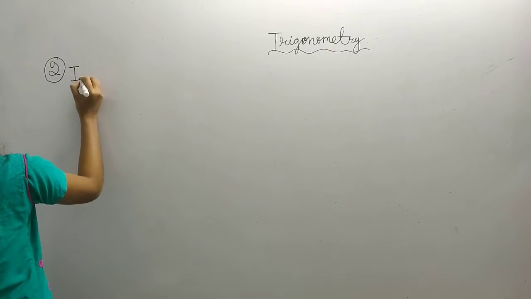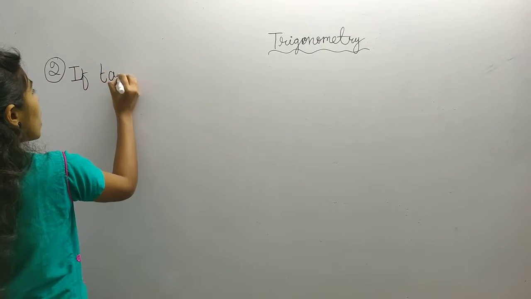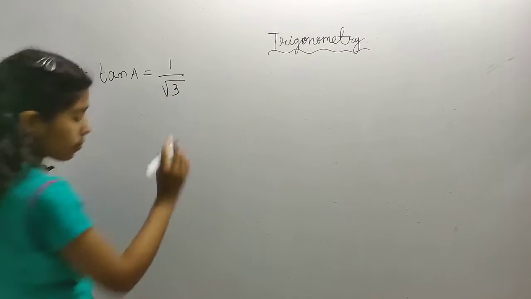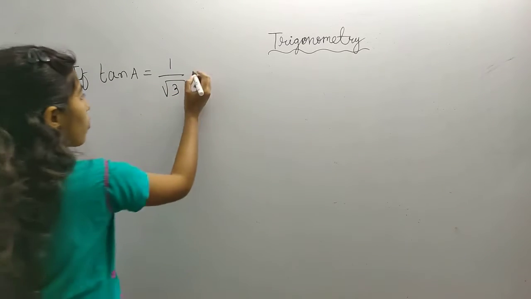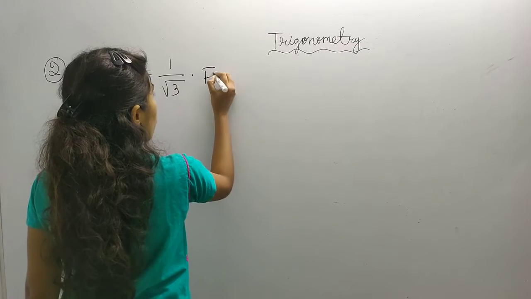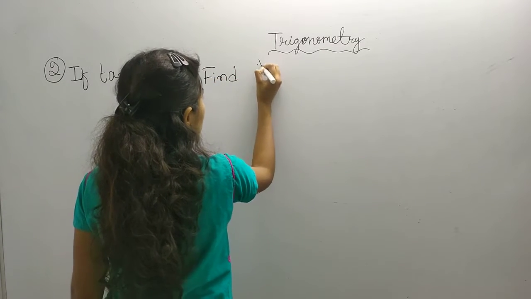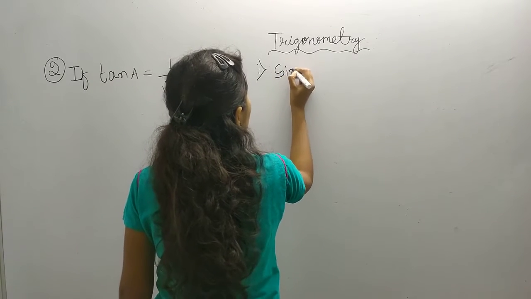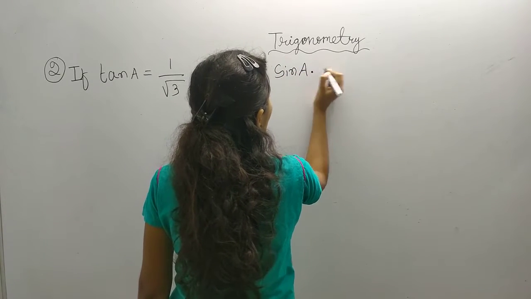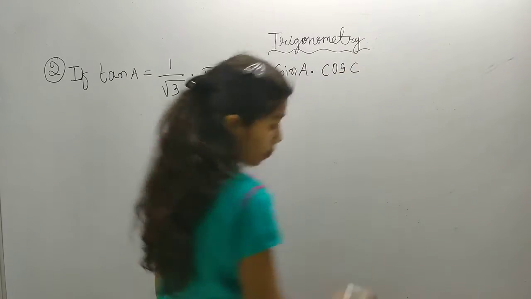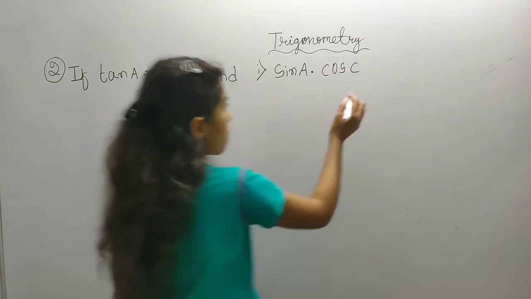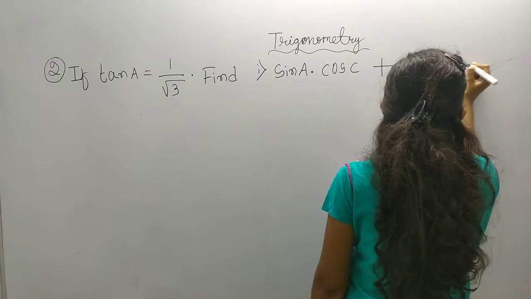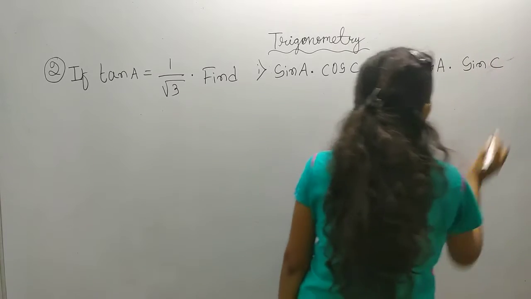If tan A equals to 1 by root 3, we have to find sin A into cos C plus cos A into sin C. Okay.